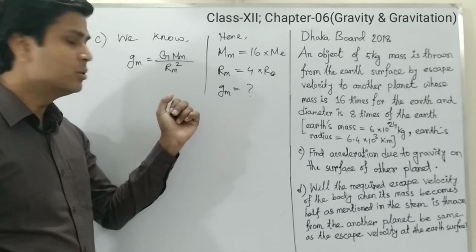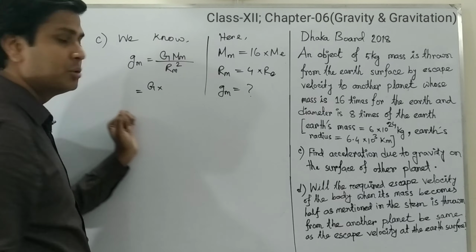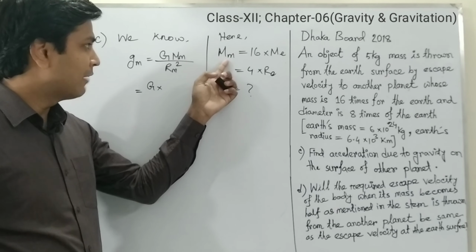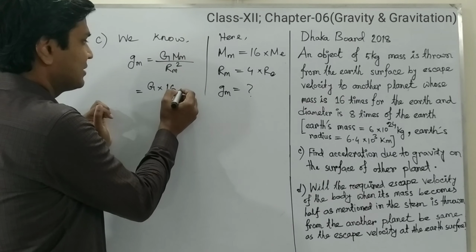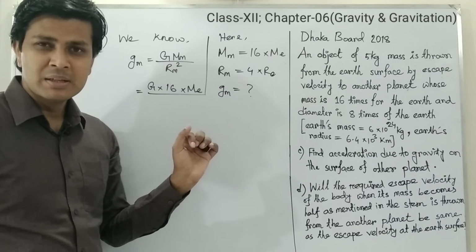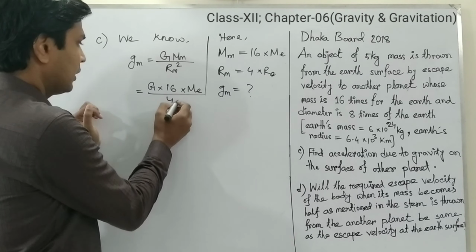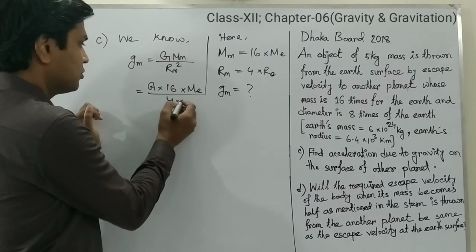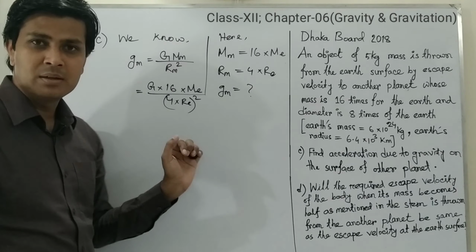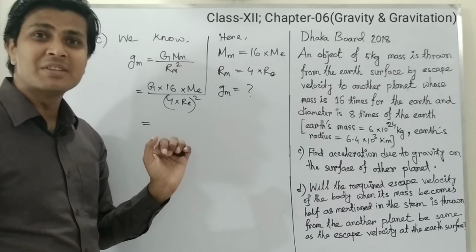If we put in the values, then we can write G into, in place of Mm, 16 into Me, divided by, in place of Rm, 4 into Re whole square, and 4 square means 16.